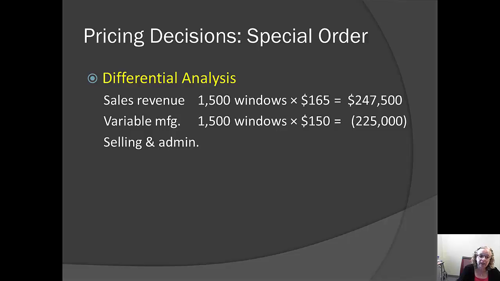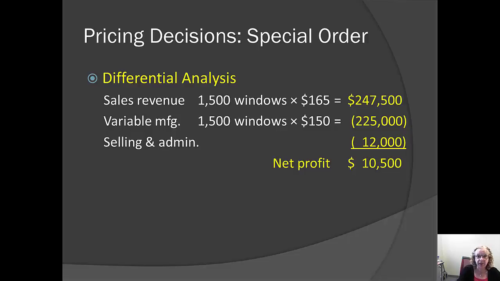The selling and administrative on this special order is not going to be a per unit fee. The contract says it's going to be $12,000 fixed. So now that means, based on dollars, this special order gives the firm a net profit of $10,500.